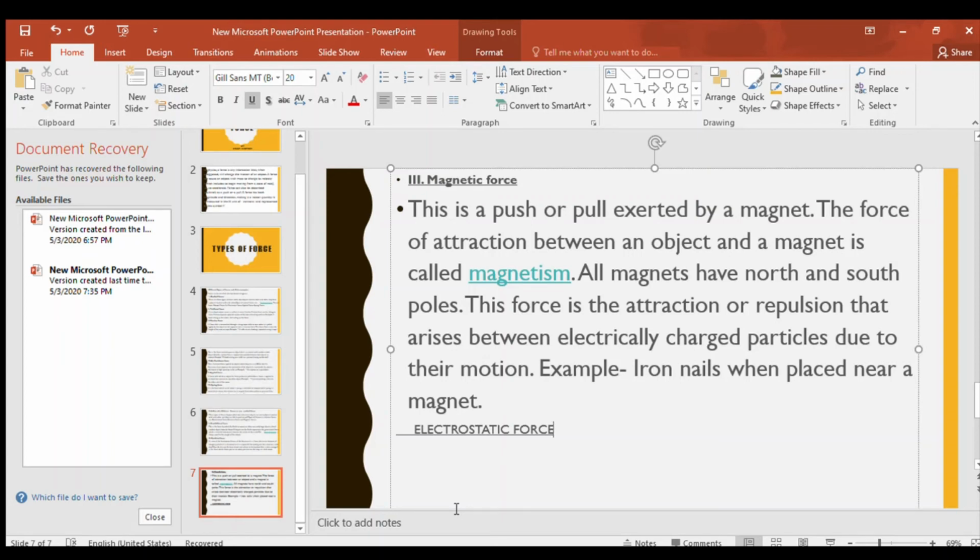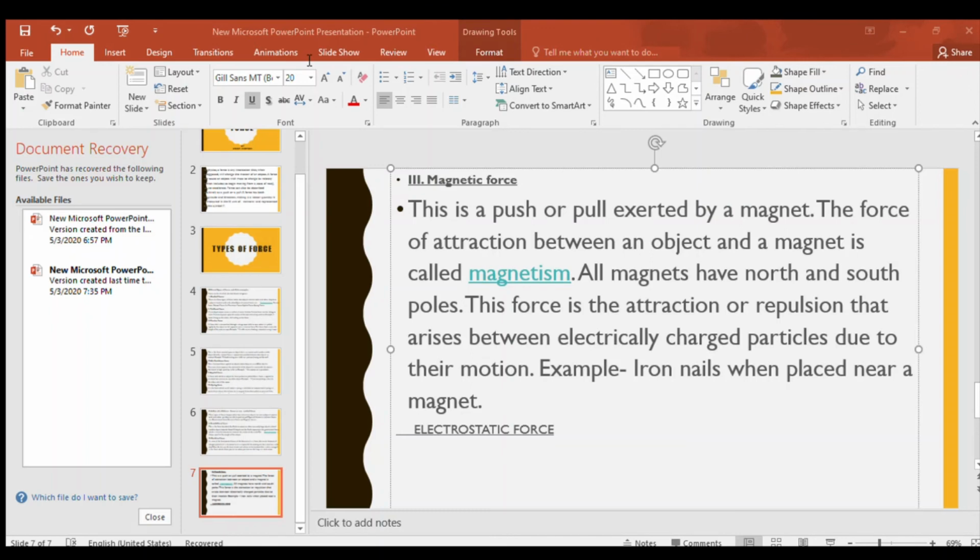You know a comb, right? Take a comb and take some papers. Tear them into small pieces and put them down. Take your comb and charge it in your hair, that means just comb your hair. Then place it over the papers. The paper gets attracted. This is because of the charge of the comb.